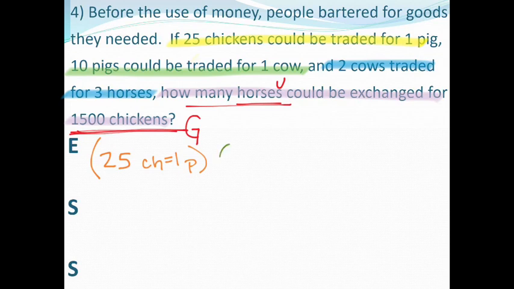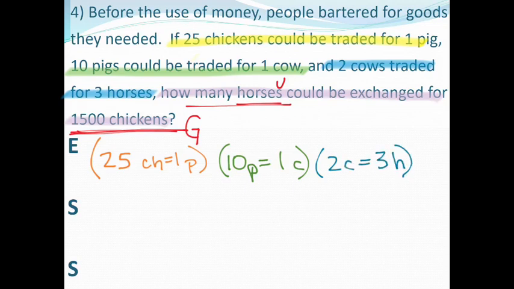And then 10 pigs can be traded for 1 cow. And then 2 cows could be traded for 3 horses. So, with all of that set up, let's go ahead and make a line for our dimensional analysis and get our given on top of that line.